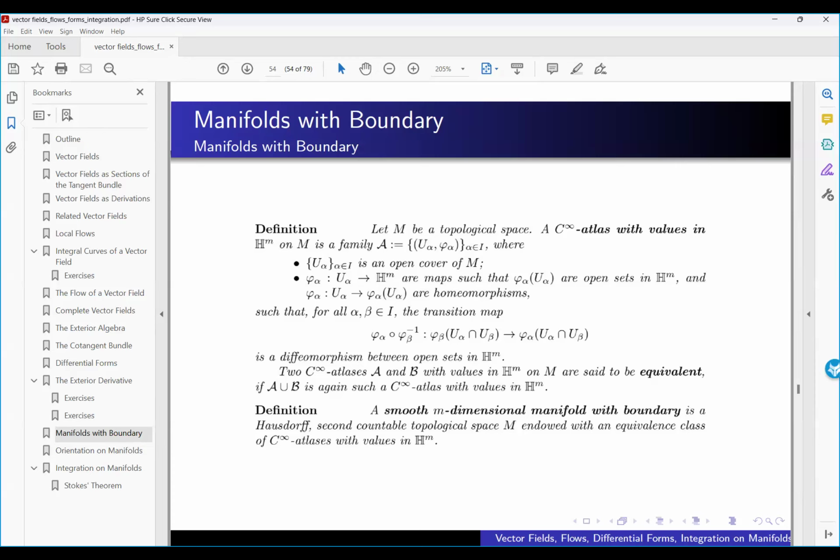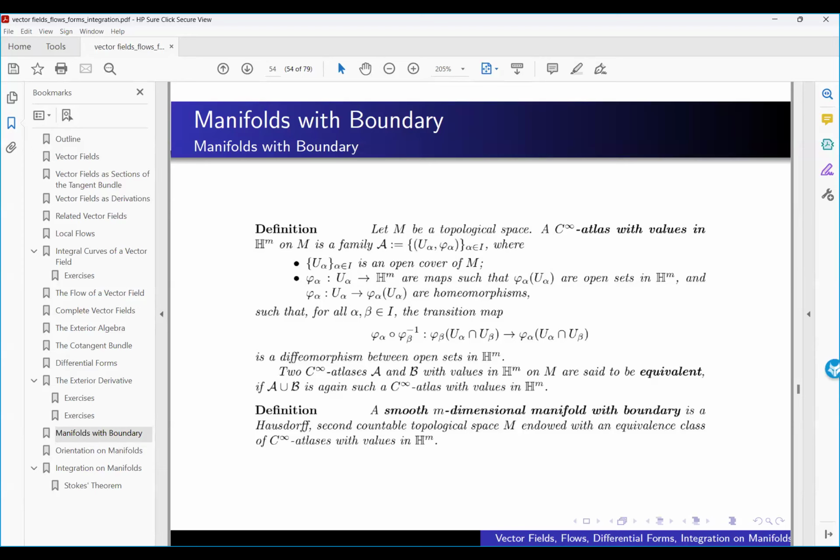And then the charts must be, we say, H^n compatible. This simply means that you have the same kind of transition map, phi alpha times phi beta inverse, and we want it to be smooth, right?